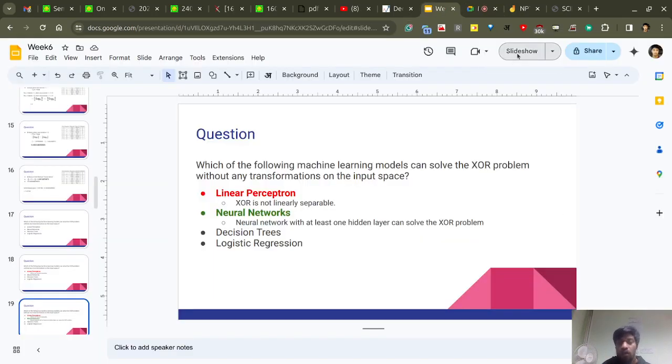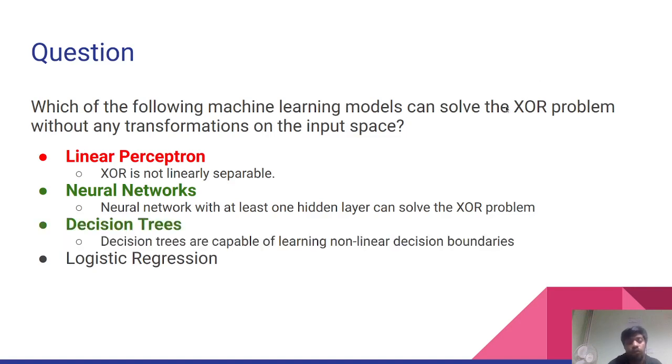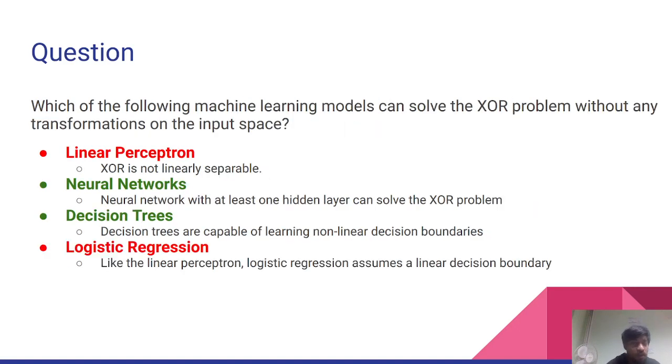Then the next one is decision tree. We told earlier that with a decision tree we can map any complex function, because there are multiple levels, so we can make nonlinear decisions in decision trees. Logistic regression also works just like a linear perceptron.